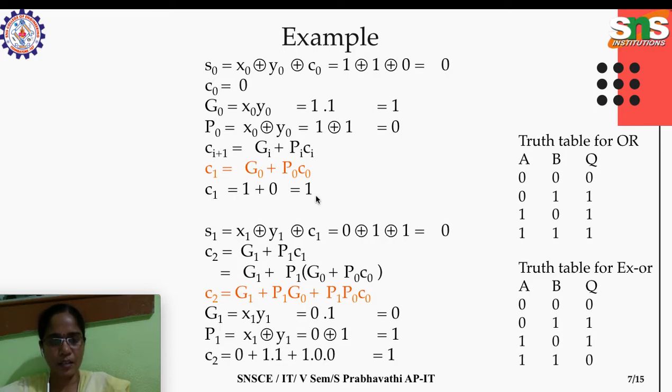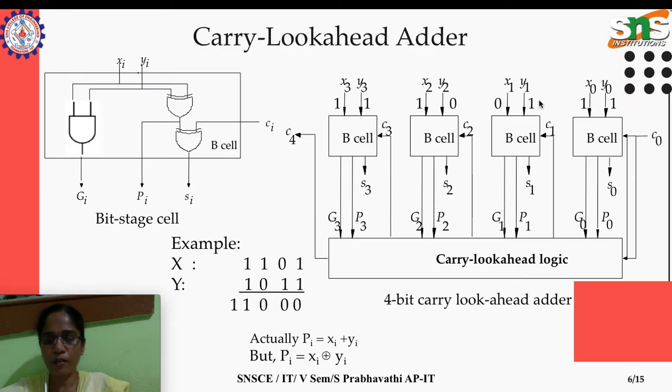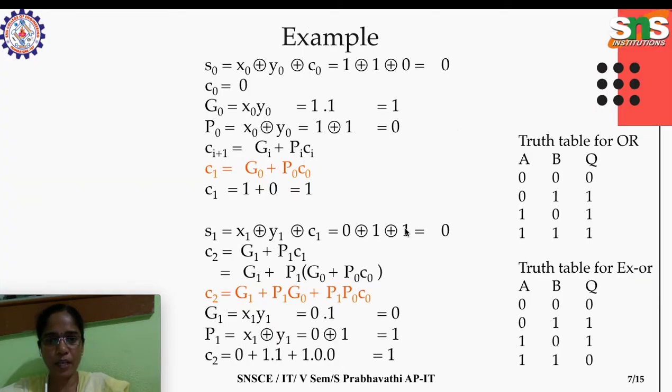Coming back to producing the result for S1 and C2, the next bit of the full adder. S1 is nothing but the XOR of X1, Y1 and C1. X1 and Y1 are 0 and 1, and C1 we have just computed as 1.